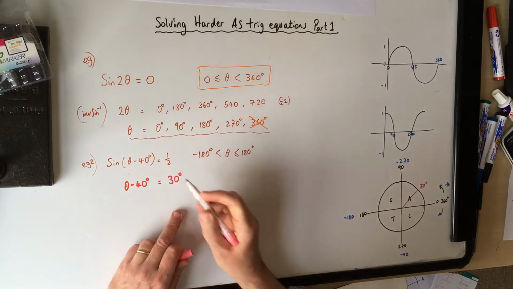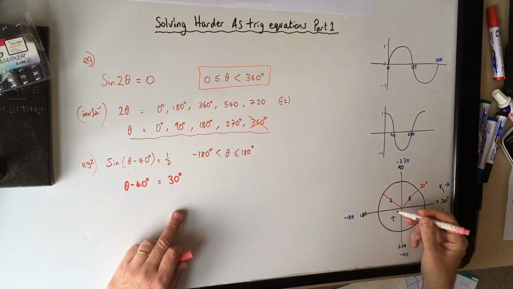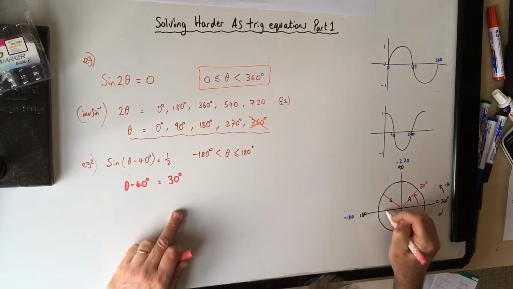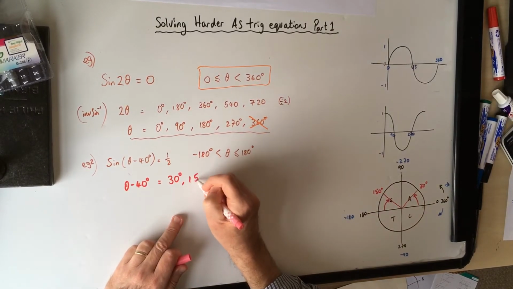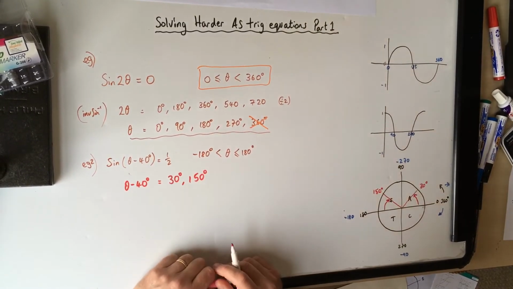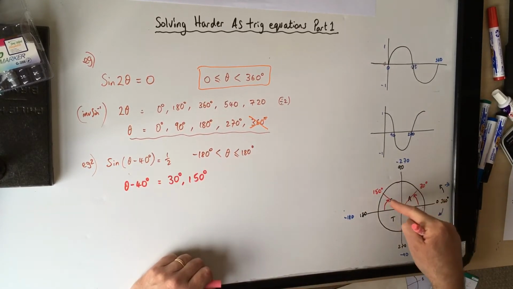Okay, so I'm going to go with 30 back. We've gone 30 in, so we go 30 back here. This is the sine region, so we know that 150 degrees is also within that range. So look at the range, we want up to 180, so we don't want to go round a second wheel.